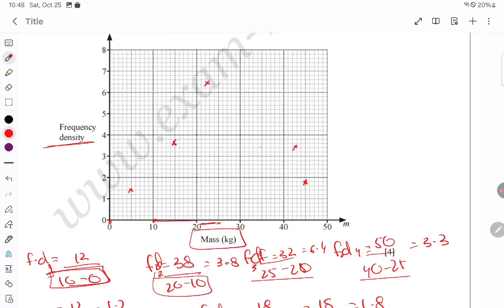Now what we are going to simply do is form a straight line.